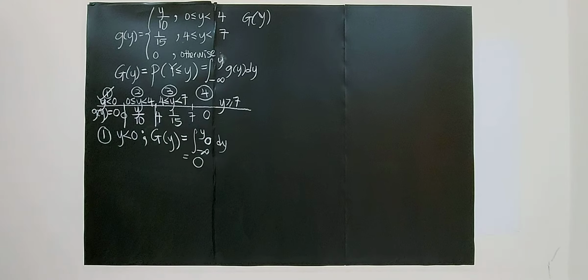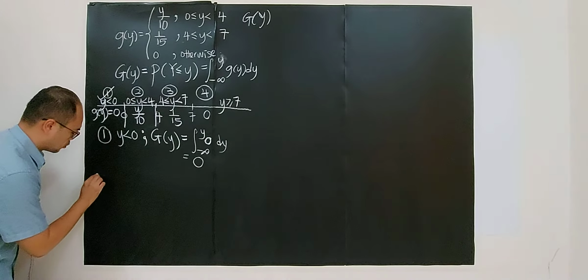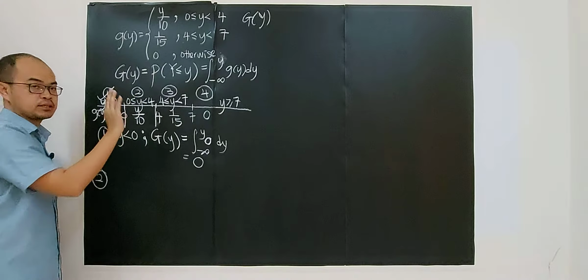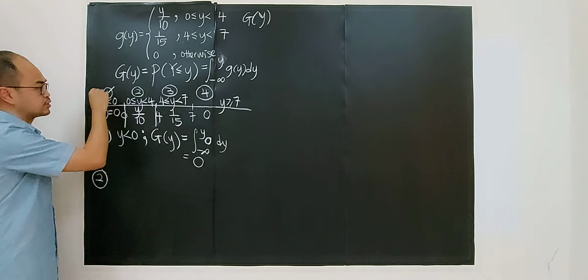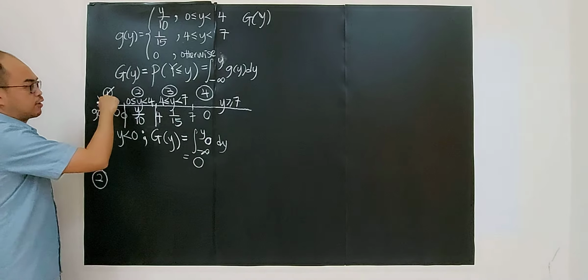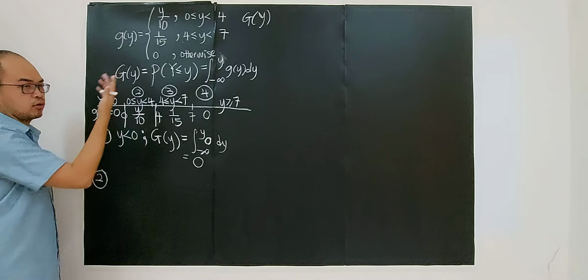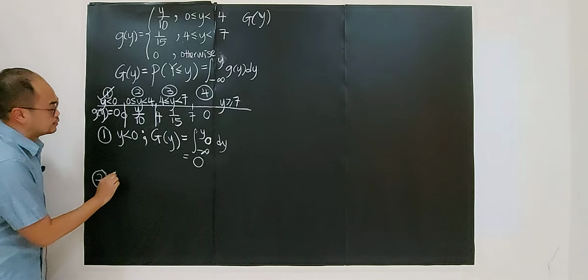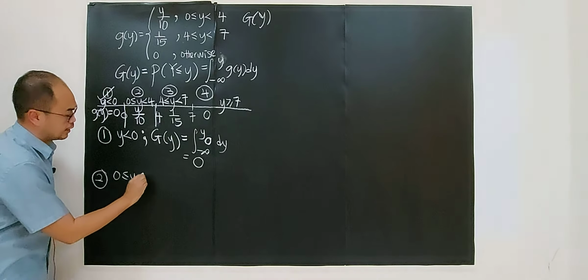Okay, see the pattern. Number 2, now I go for the second interval. I never put a tick here because this is already over. I'm already done with the first interval. Now it is 0 up to y less than 4.